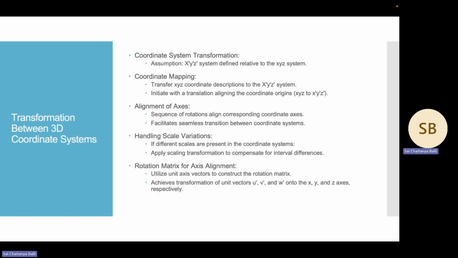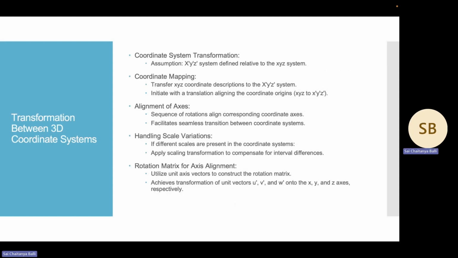Coordinate system transformation assumption is an assumption that the x dash y dash z dash system is defined relative to the xyz system. Coordinate mapping means transferring xyz coordinate description to the x dash y dash and z dash system. Initiate with the translation to align the coordinate origins xyz to x dash y dash z dash. Alignment of axes: a sequence of rotations aligns corresponding coordinate axes.